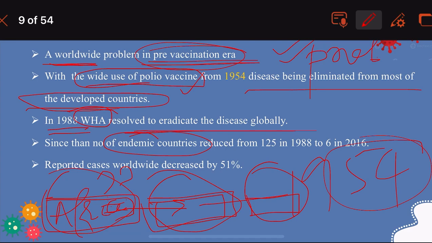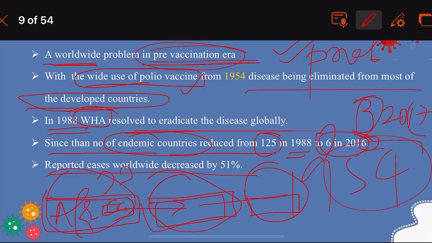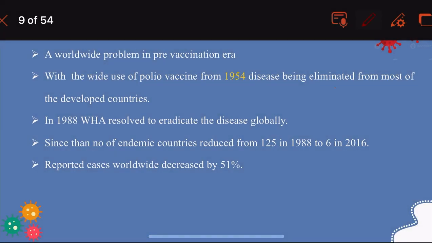The number of endemic countries reduced from 125 in 1988 to 6 in 2016 and 3 in 2017. Reported cases also decreased by 51%.